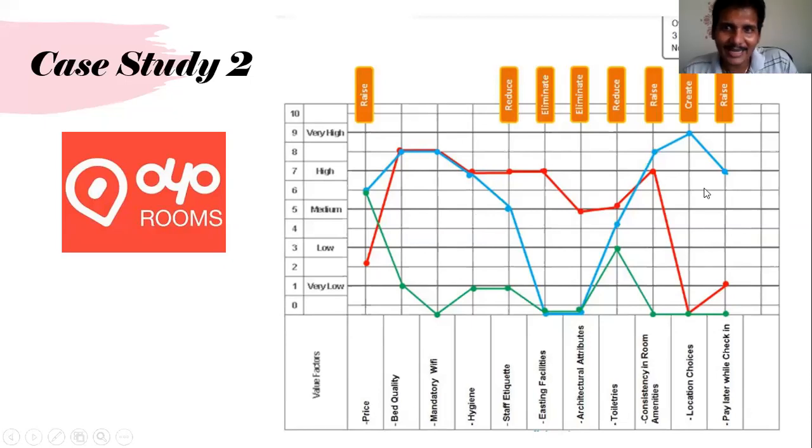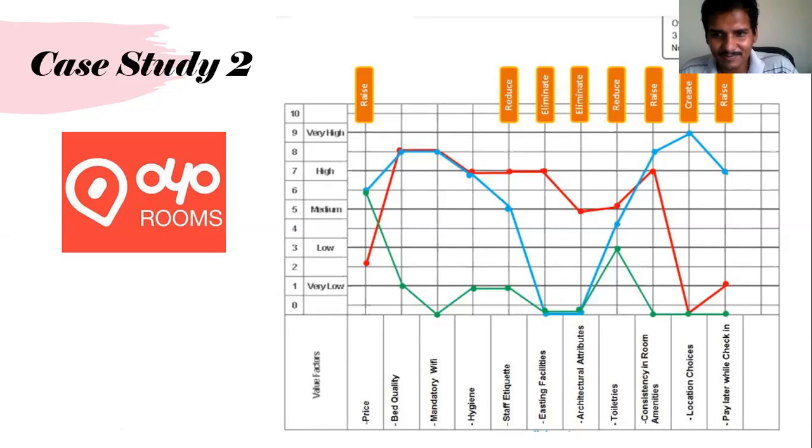What they actually did is interesting. Most three-star hotels have eating facilities, so they eliminated eating attributes, architecture attributes. They reduced the toiletries. What they raised: consistency in the room amenities, location choices that you don't have in a three-star and a non-star hotel.